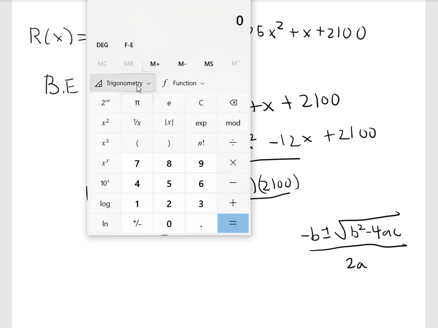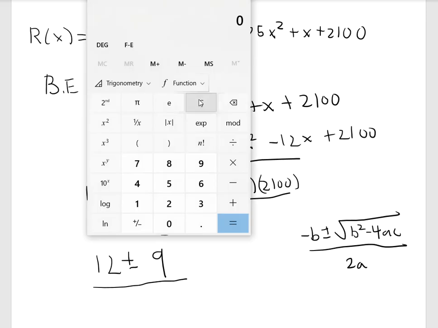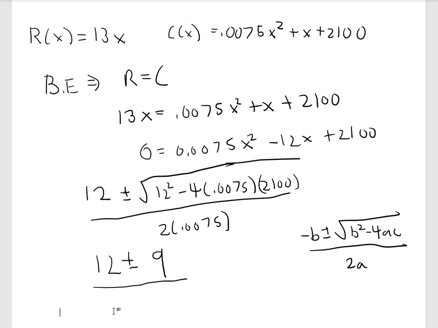So if I simplify what was under the radical, I get 12 plus or minus 9. 12 squared is 144, 144 minus 63 is 81, square root of 81 is 9. And then divided by 2a, so 0.0075 times 2 gives me 0.015.